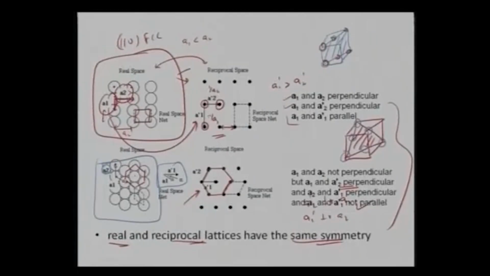At the same time, A1 and A1 dash are parallel in my 110 FCC, but that is not true in the second case, where A1 and A2 are not perpendicular, but A1 and A2 dash are perpendicular, and the other way also A2 and A1 dash are perpendicular, but A1 and A1 dash are not parallel. So certain complexities can arise, but how it retains the symmetry of a particular crystal is given in the reciprocal lattice: it retains the symmetry of the real lattice.